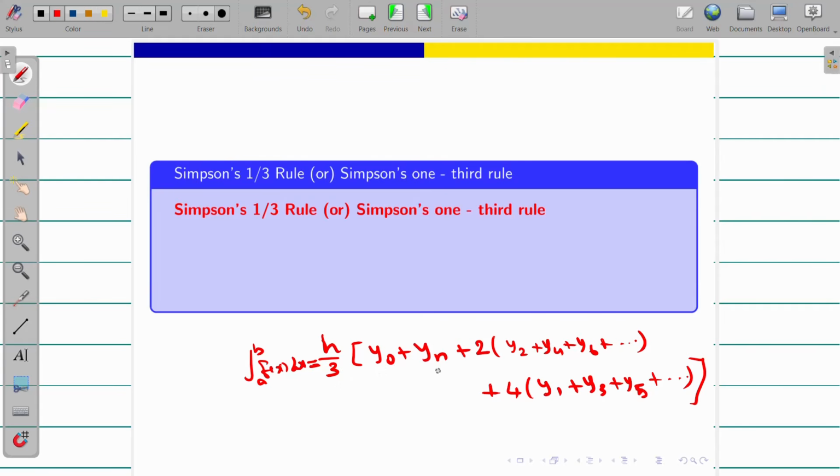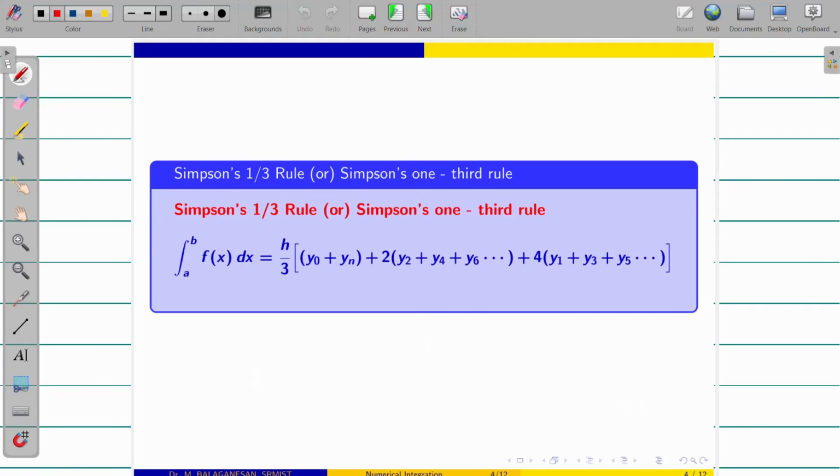First value plus last value plus twice of y2, y4, y6, the multiples of 2 here, plus 4 times of the rest of the values, which we can assume are the odd values: y1, y3, y5, y7, etc. This is the formula for Simpson one-third rule, guys. Look at that: h/3 times first value plus last value, 2 times of even values, 4 times of odd values.